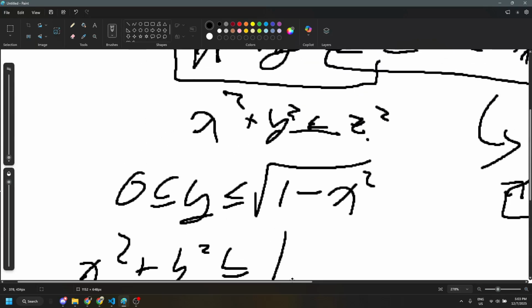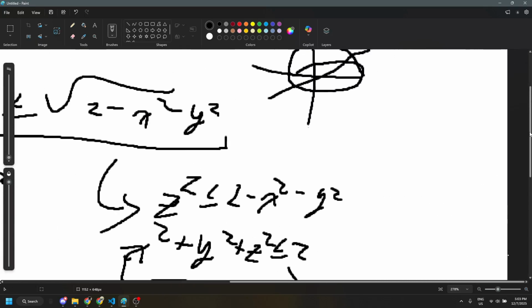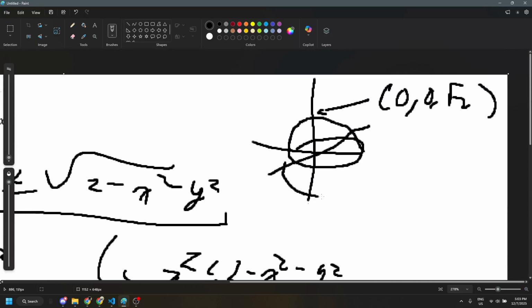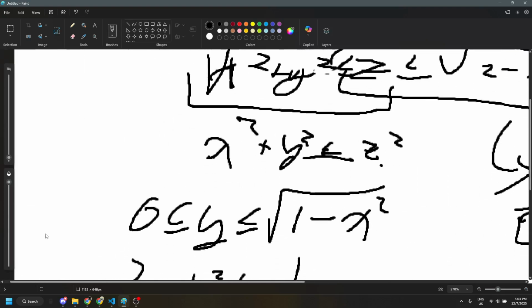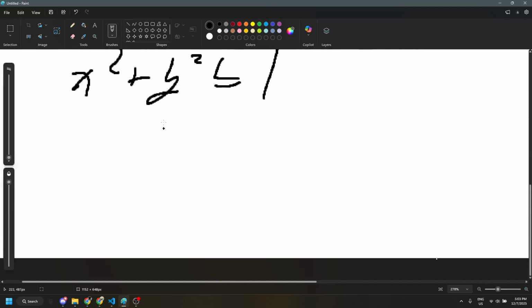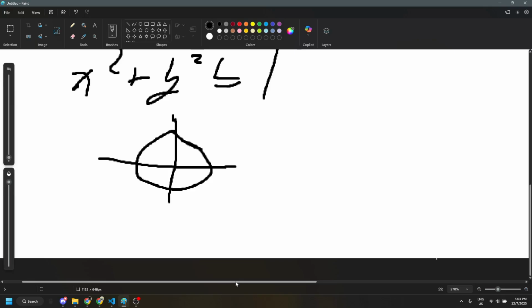Oh, I'm slow. This here means that it's the sphere, this includes the entire sphere. Why was I thinking that way? And this says that this is the input space for x and y.